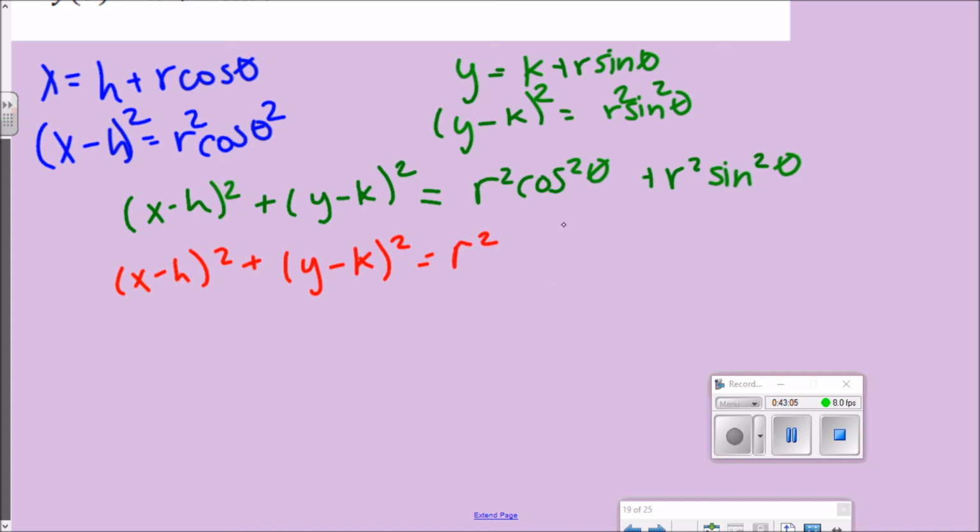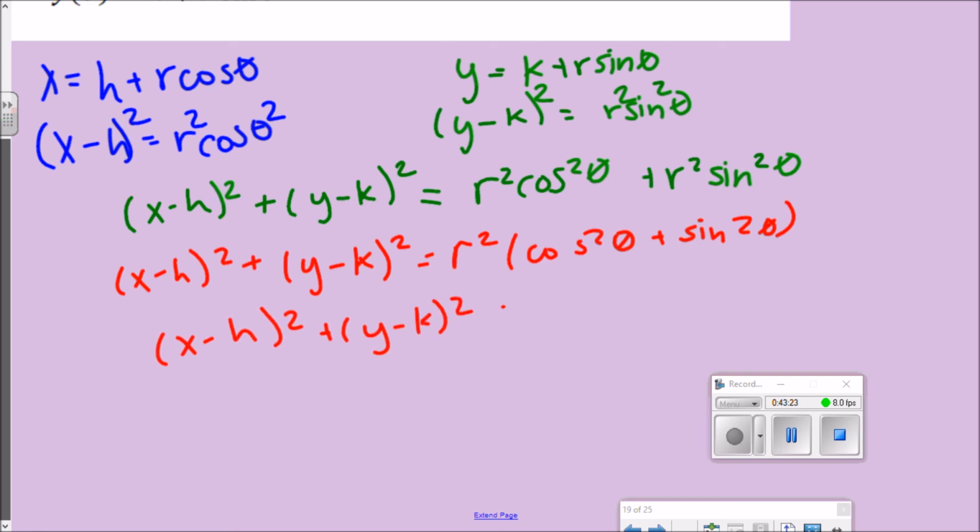And you probably already saw, hey, that's cosine squared plus sine squared. And you should know that trig identity. Cosine squared plus sine squared is what? It's 1, right? So we have x minus h squared plus y minus k squared is equal to r squared, and voila, we have reached our circle. All right, excellent.